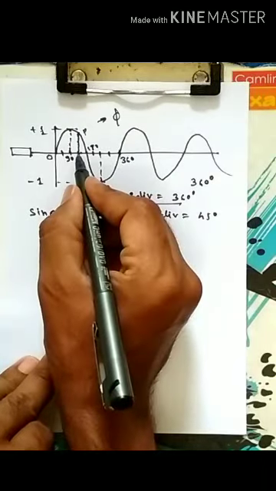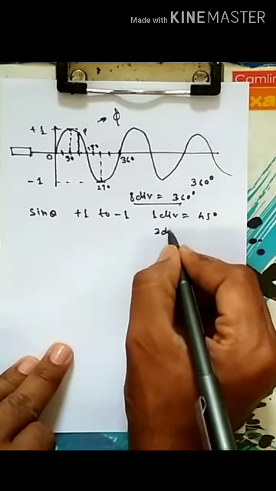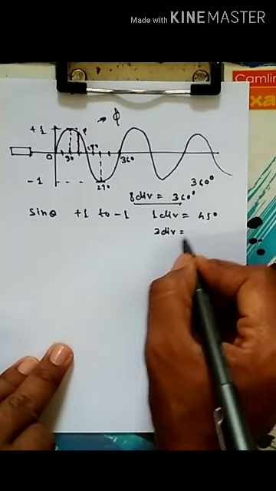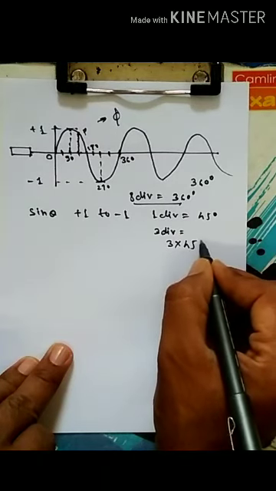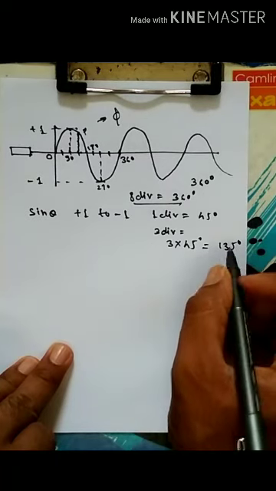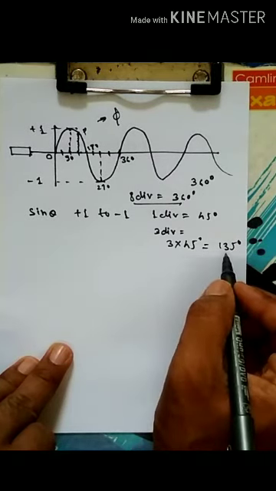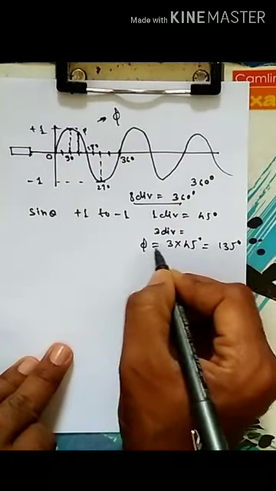It is cut at the third division. So 3 multiplied by 1 division, the value of 1 division is 45 degrees, so it is 135 degrees, which you may say is the phase at this point P, or phi.